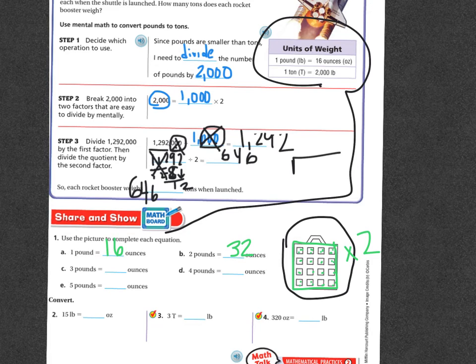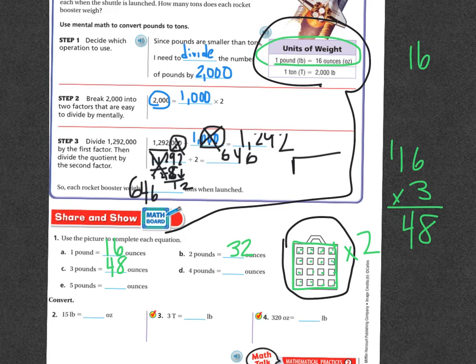Okay, 3 pounds. My pound is 3, but there's 16 ounces in each pound. I'm going to multiply. 3 times 6 is 18. Carry the 1. 3 times 1 is 3, plus the 1, that's 4. D, we've got 4 pounds.